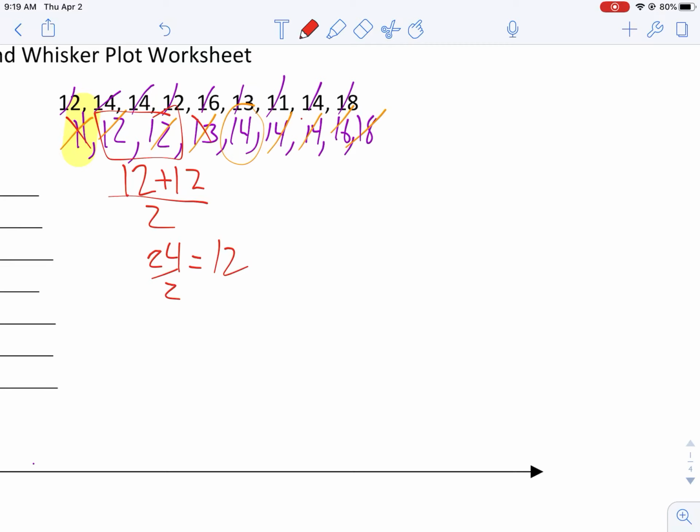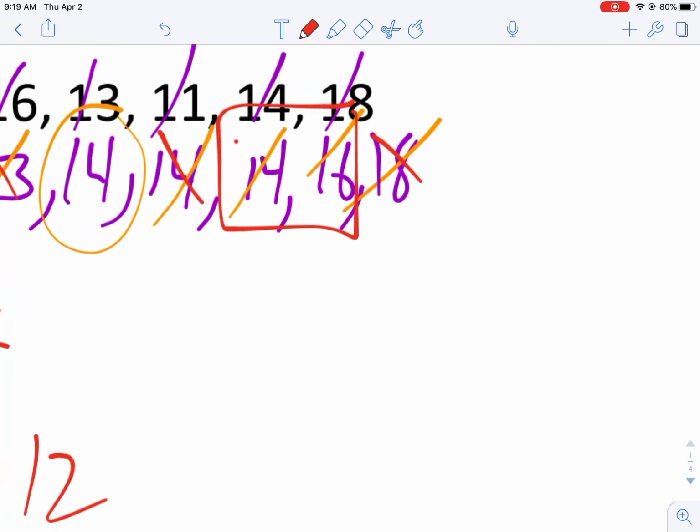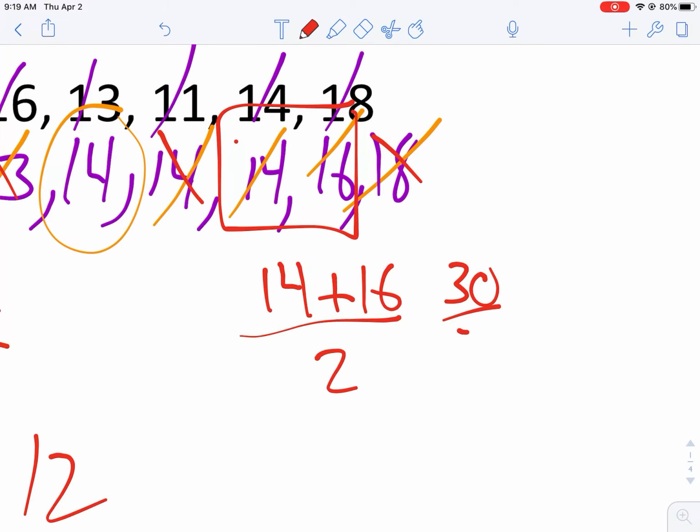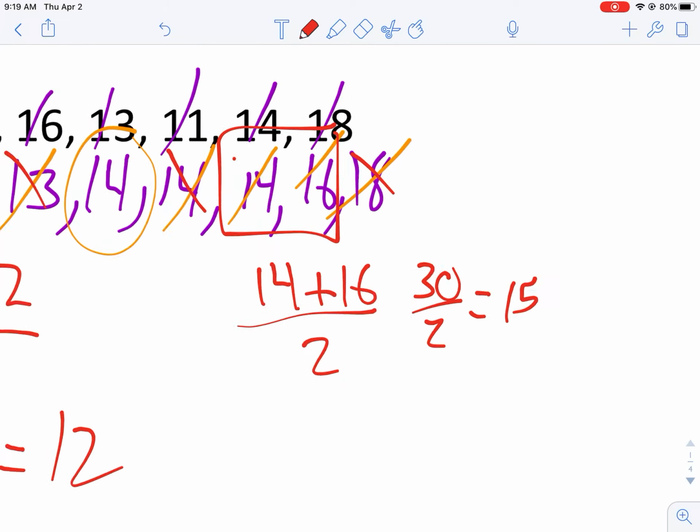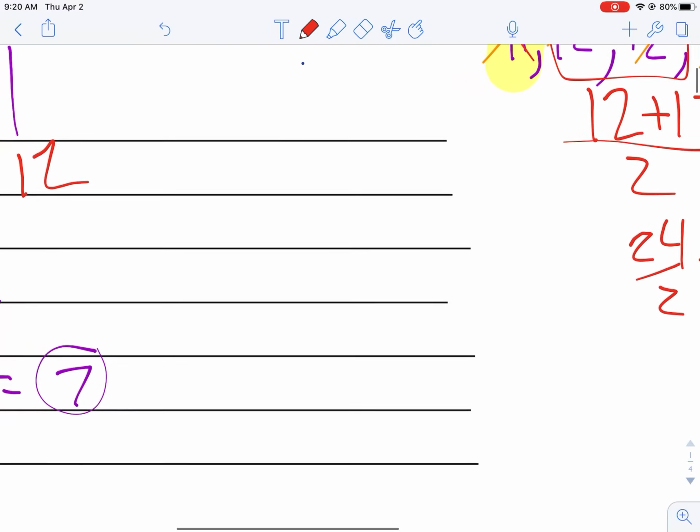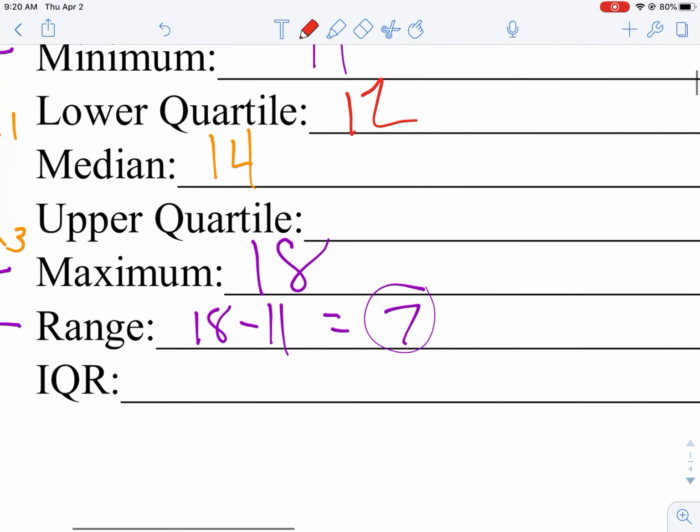Next, I'm going to go to my upper quartile. Boom, boom. And then I have these two guys in the middle, so 14 and 16. So that's not going to be as nice, but it's still going to come out nice. So 14 plus 16 is 30 over 2. That's going to equal 15. Even though 15 is not in our data set, it's going to be doing a nice job of showing a range of it.